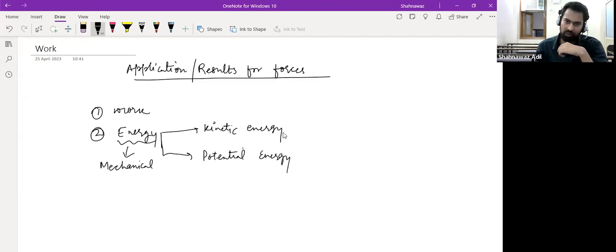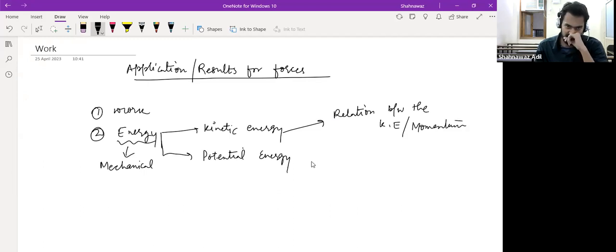Then we will learn about the relation between the kinetic energy and the momentum of the body. And then in potential energy, we will learn about the conservative force and different kinds of conservative force.